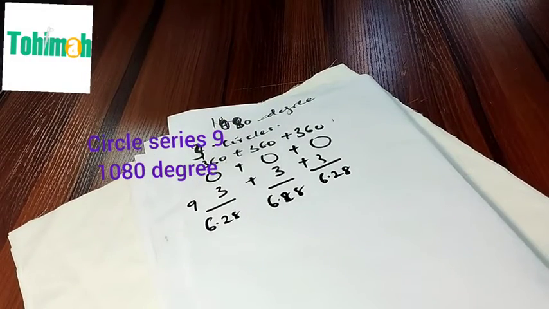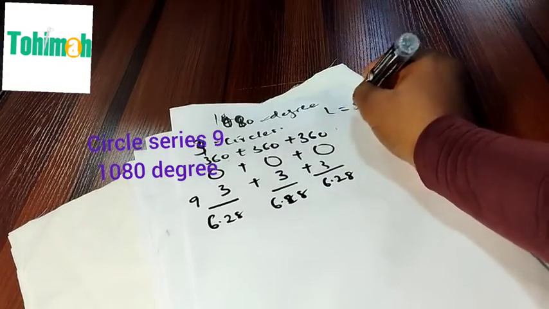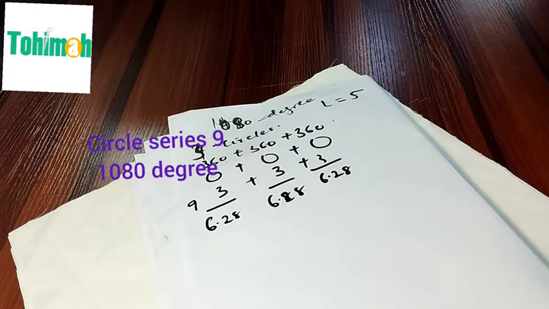Now we divide this 3 by 6.28, and for the length this time around I'm going to use 5, a peplum length of 5, because we don't usually use 1080 degree circles for skirts, except if you are making a ball gown. We'll rather go for a peplum.